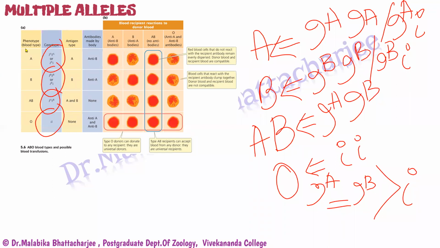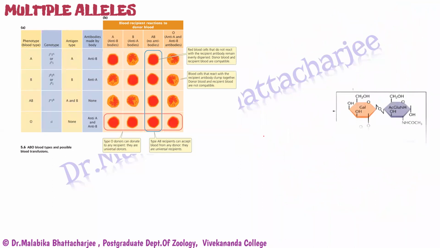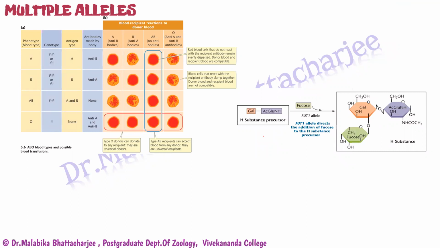Now, how this happens, let us have a brief view on the molecular mechanism of this occurring. The wild type FUT1 allele is present in all humans. And what is the function of this allele?